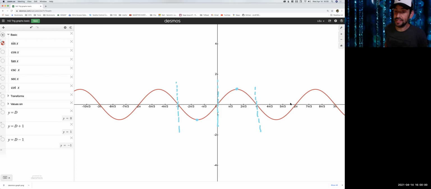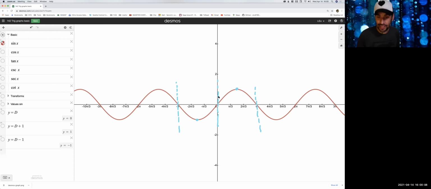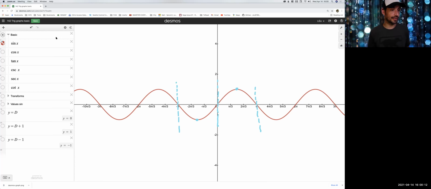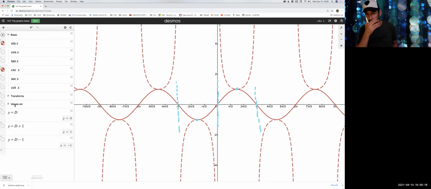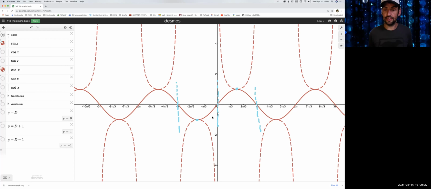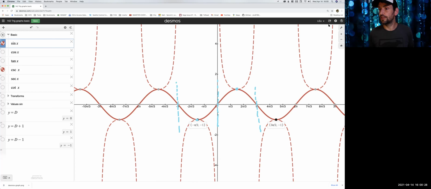And we expect something similar to what we saw with tangent. As sine gets very, very small, cosecant should get very, very large because we're taking the reciprocal. So let's take a look at this graph. Right, and we see exactly what I was mentioning. We're hitting all these points where, let's erase those.